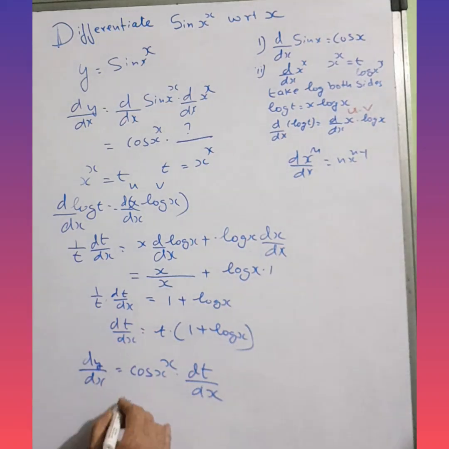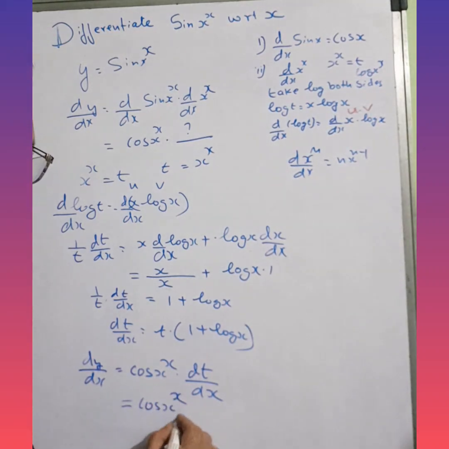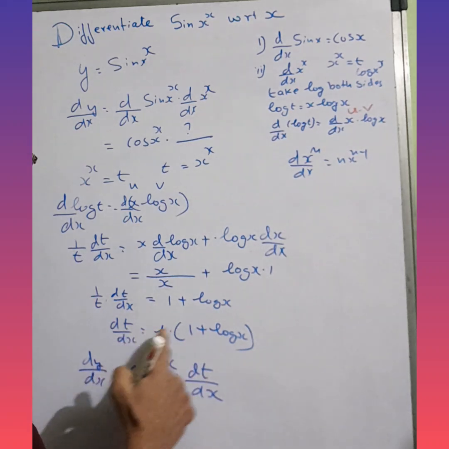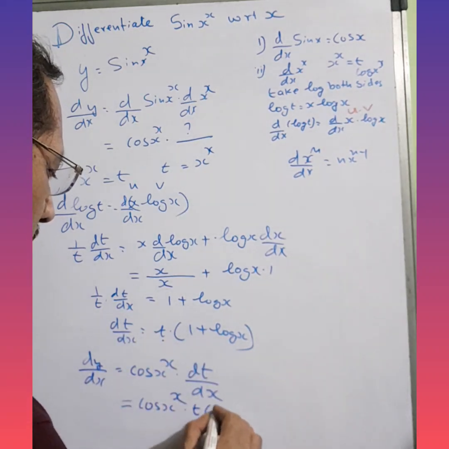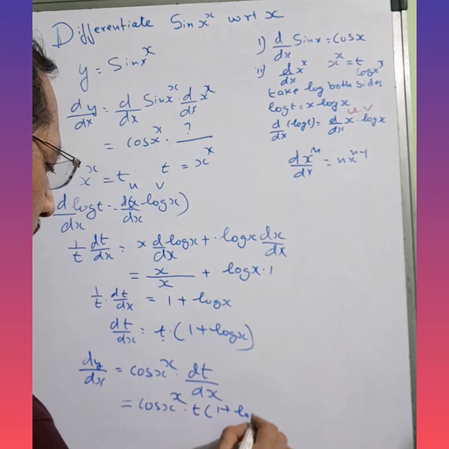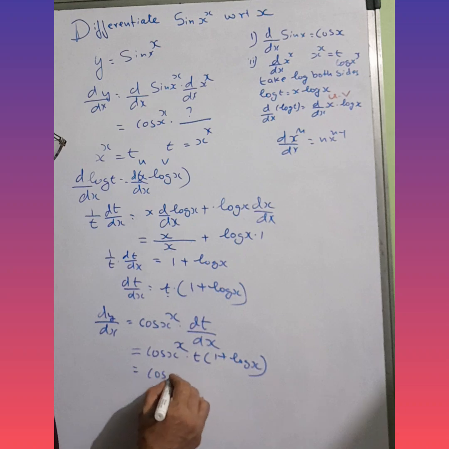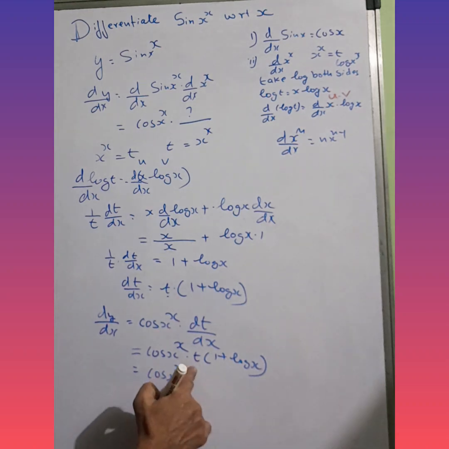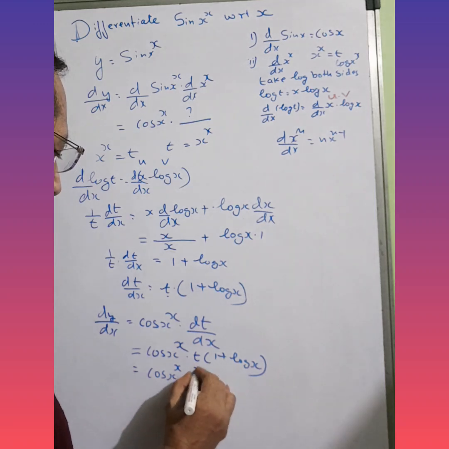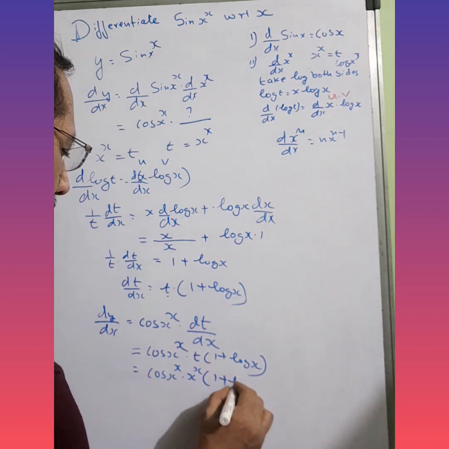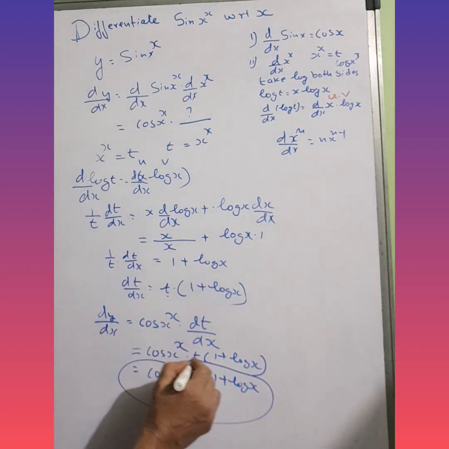So I write here cos x raised to x into this thing. T also I can substitute, t into 1 plus log x. Alright, and this becomes cos x raised to x into t. What is t? Let's go back here, x raised to x. So x raised to x into 1 plus log x.